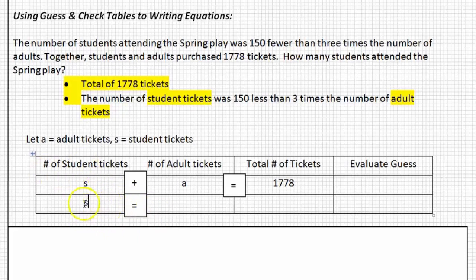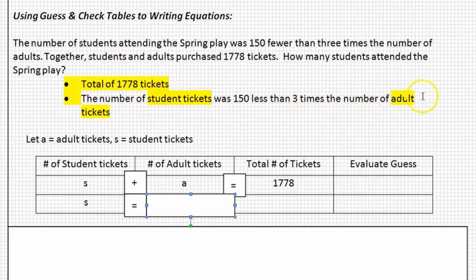So I know that the number of my student tickets was 150 less than 3 times the number of adult tickets. Go ahead and pause the video again to see if you can write your expression, and then resume the video to compare your answer with mine. Again, I'm using this information here, that the number of student tickets was 150 less than 3 times the number of adult tickets.